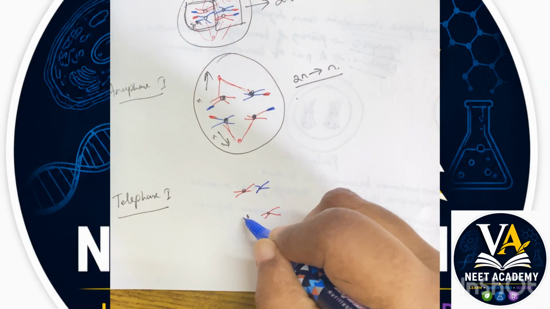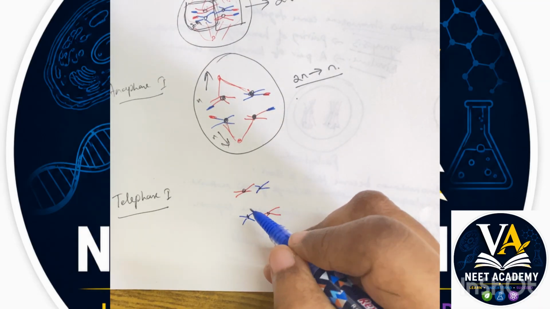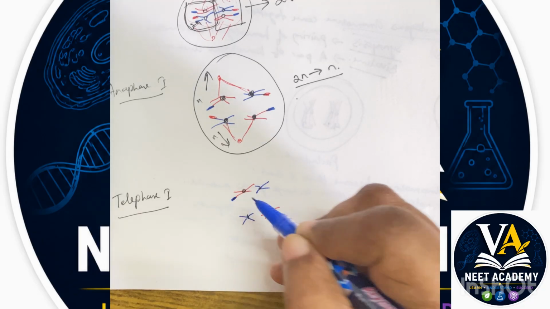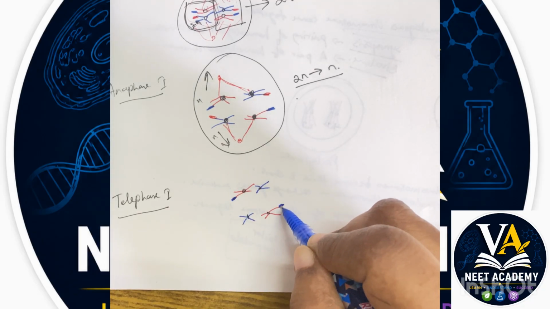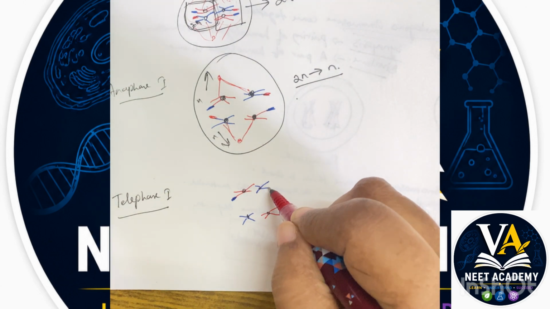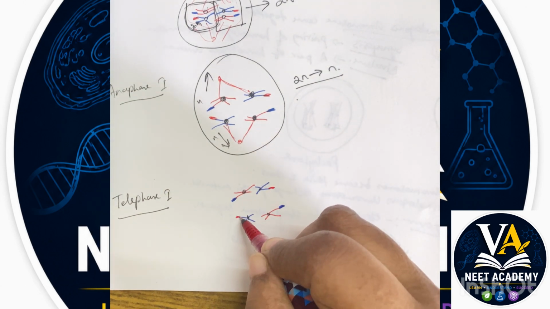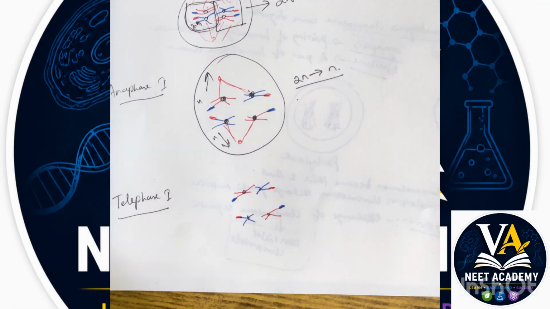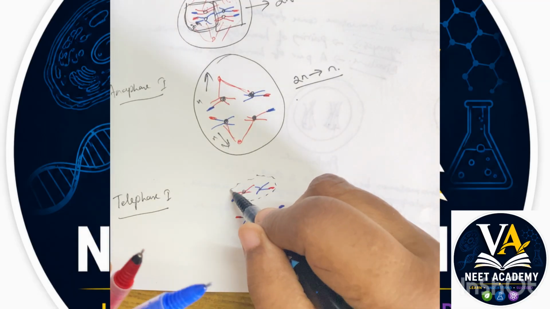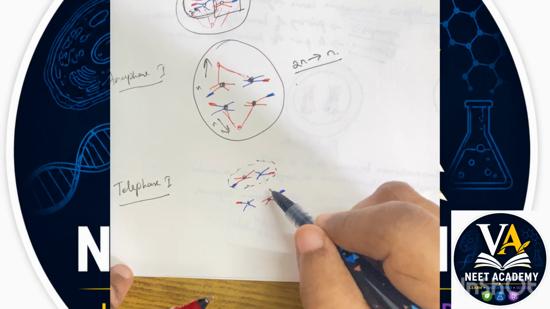So this happens in what stage? In telophase I, right? Here the exchange of chromatids had already happened, so this is the point of chiasma. And what is happening in telophase? The next stage is the reappearance of the nuclear membrane.